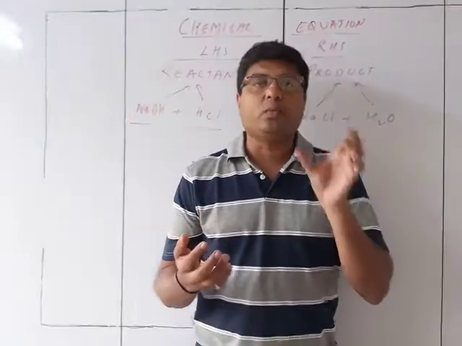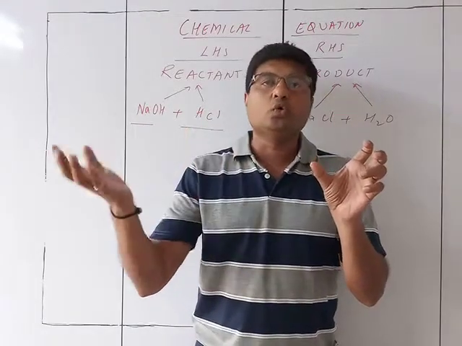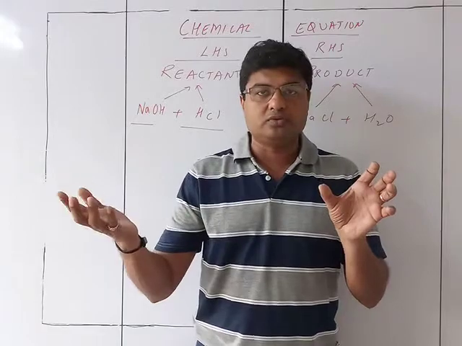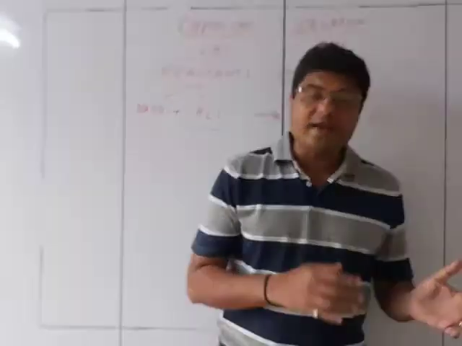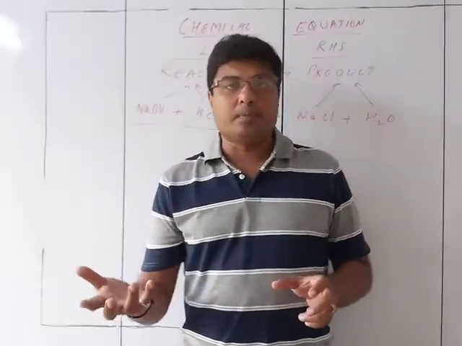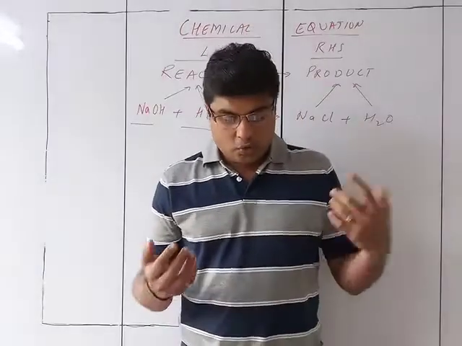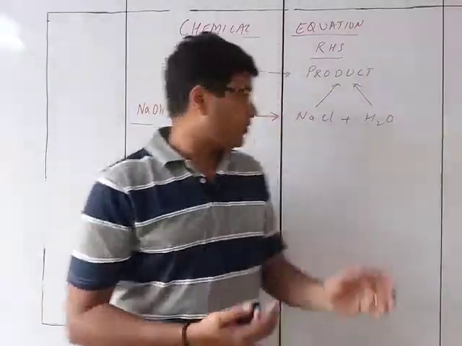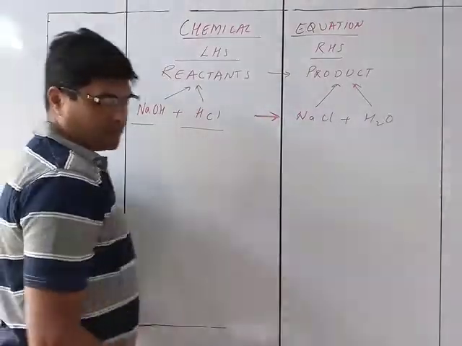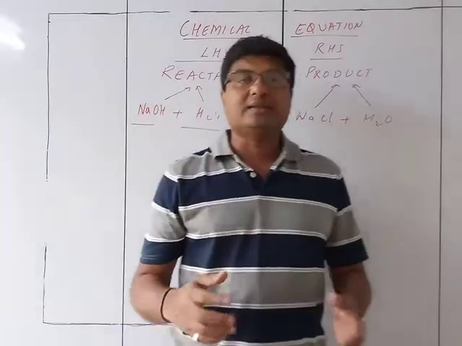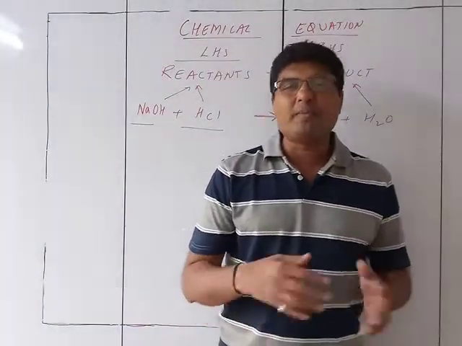One would be one compound forming two or three elements or compounds, or it could be two reactants giving one compound, or two reactants and two products, like here, or two reactants and three products. There could be many possibilities.